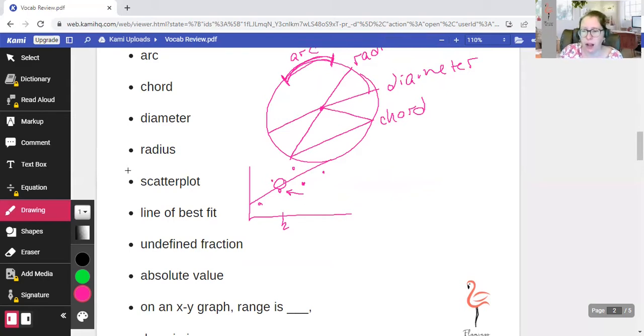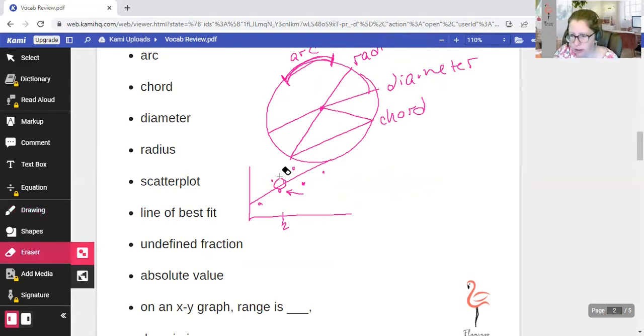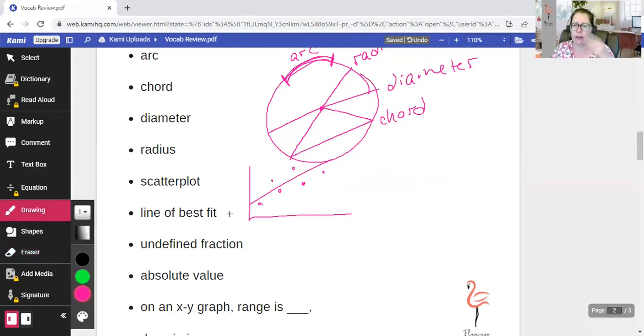All right. The other way that they've been testing this more recently has been by saying, you know, that this represents the number of shirts sold every day. And the line of best fit represents the prediction of the number of shirts sold.